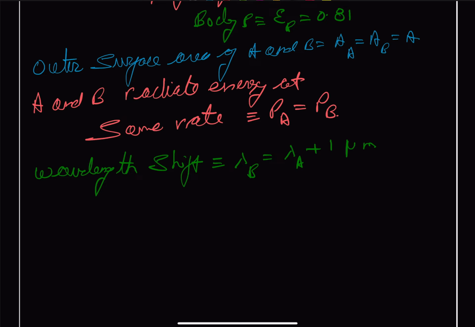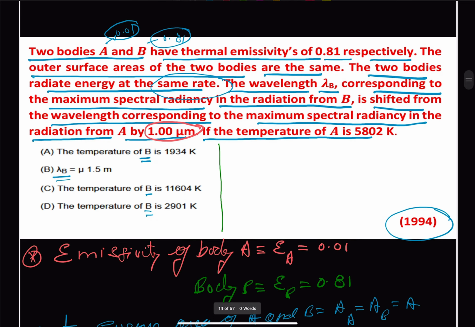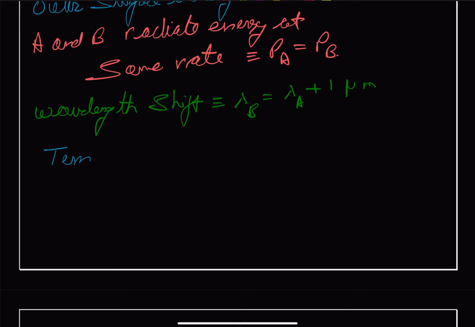and the temperature of body A is given to us as 5802 Kelvin. Temperature of body A, that is T A, is given as 5802 Kelvin.